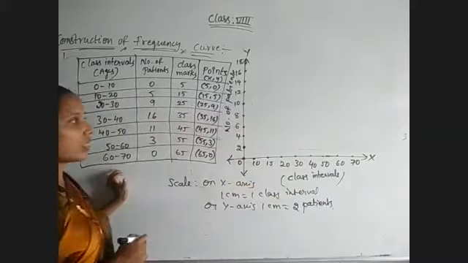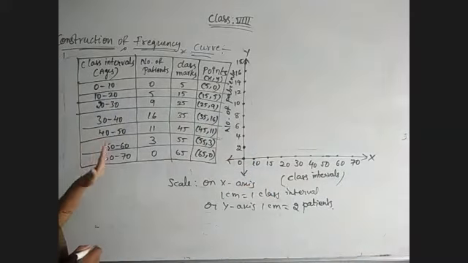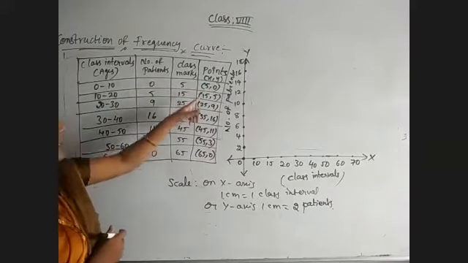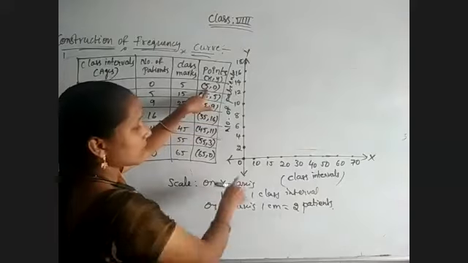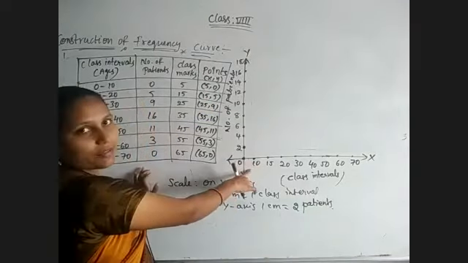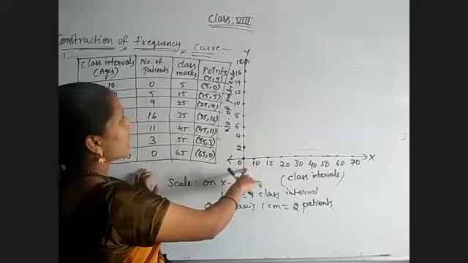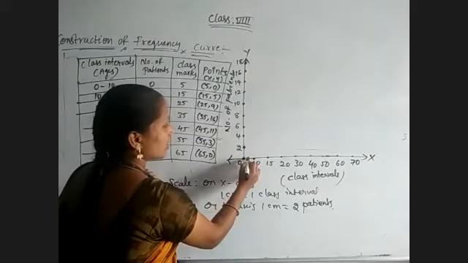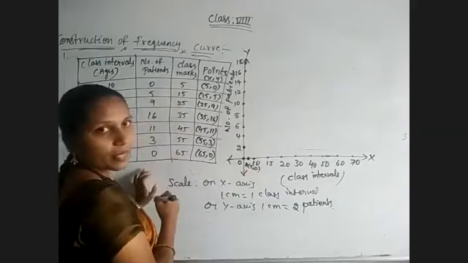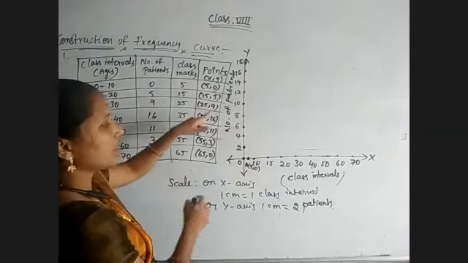Now, mark the midpoints of each class. Points are there, just mention those points. 5 comma 0. X coordinate is 5, so between 0 and 10 we get 5. So let it be point A with 5 comma 0.